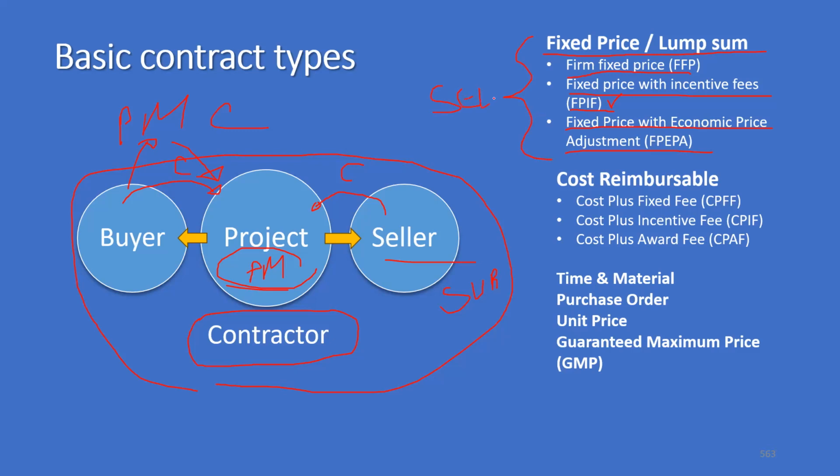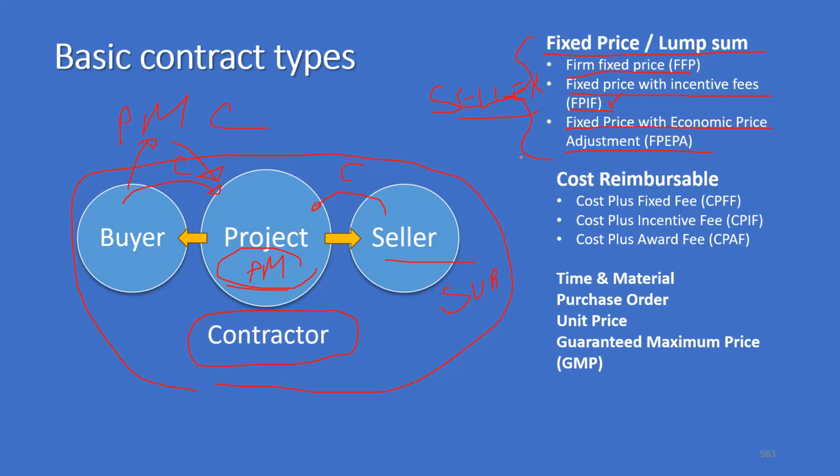The seller can make a profit or a loss. The buyer's liability is limited to the quoted price, whereas the seller can either make a profit or a loss by getting into a fixed price or a lump sum contract.